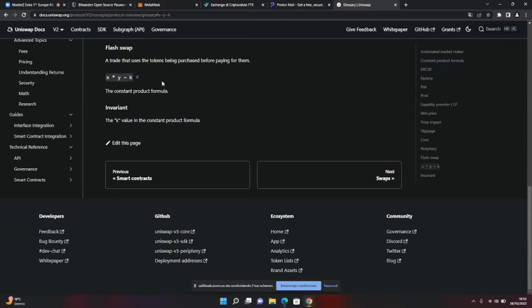I don't think I was really clear in explaining this, but if you have some mathematical experience, you know that to keep this constant at a certain rate that the exchange and the developers decide, if, let's say, X goes up because we have more and more of this token, then to keep the constant, the price of this other token has to increase.